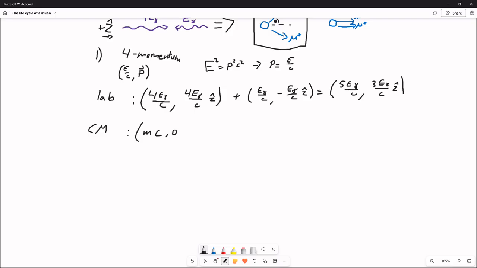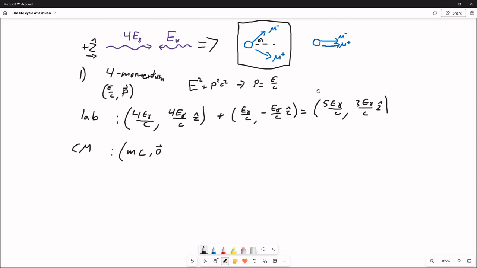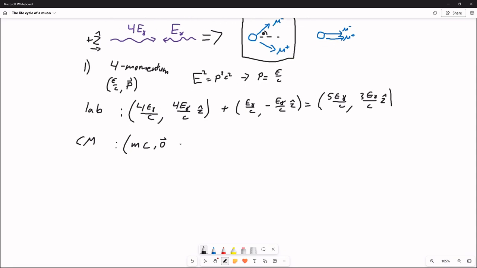And since we're in the center of mass frame, we determined earlier that these muons are moving together, so they have no relative momentum. We also determined that the muon and the antimuon have the same mass, so we'll have another mc and another zero vector for momentum. And this will give us 2mc.